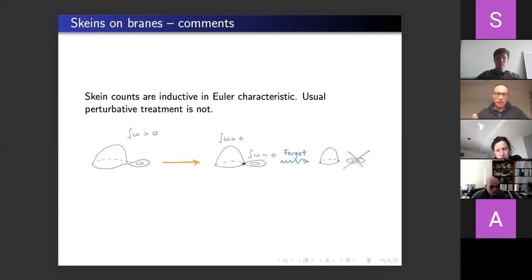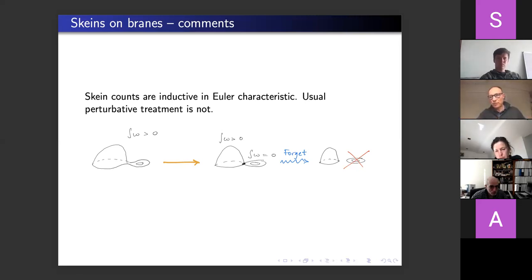For example, in this picture, I have some annulus bubbling to a positive area disk and an annulus. Now I try to forget this point on the annulus, say it came from before. Well, it's forbidden because this annulus without the point is unstable and did not appear in earlier steps. So in the perturbative story, I have new boundary phenomena in each step. The Skein relation is sort of like inducting on Euler characteristic: I am relating moduli spaces of high Euler characteristic to lower Euler characteristic.